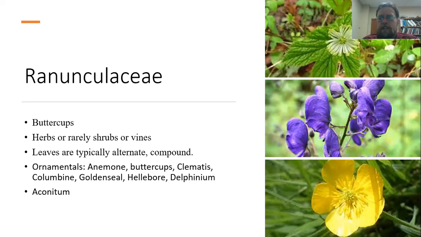Another interesting species in the Ranunculaceae is aconitum, also called monkshood or wolfsbane. And aconitum is primarily interesting because it is both a very attractive plant with those really striking blue flowers that you see there in that middle picture, but it also has a long history of being used as a poison.